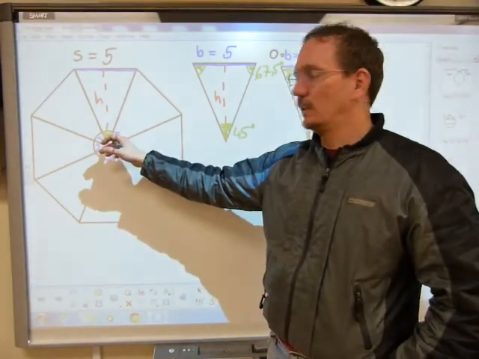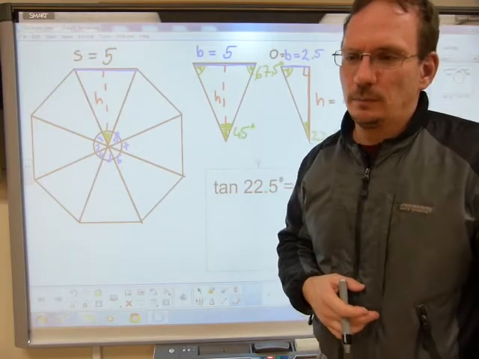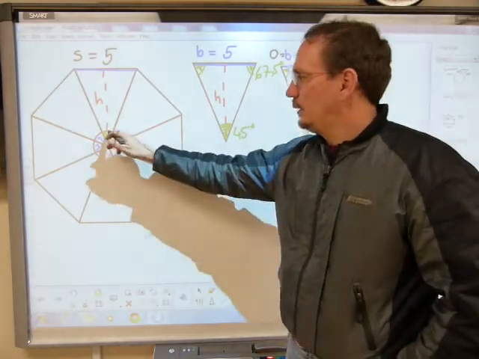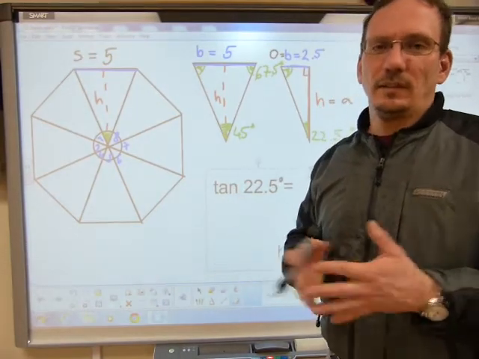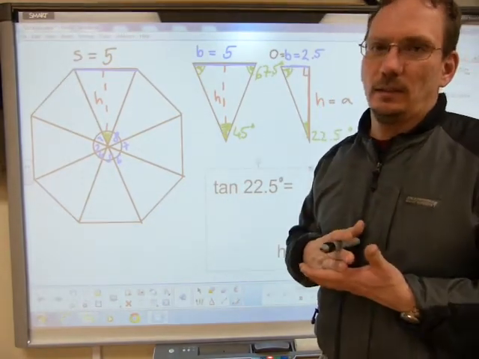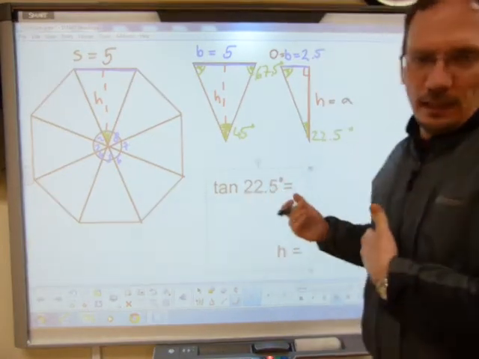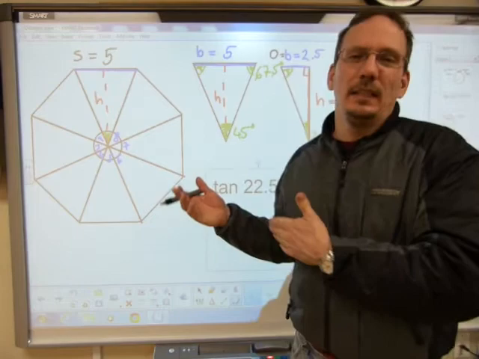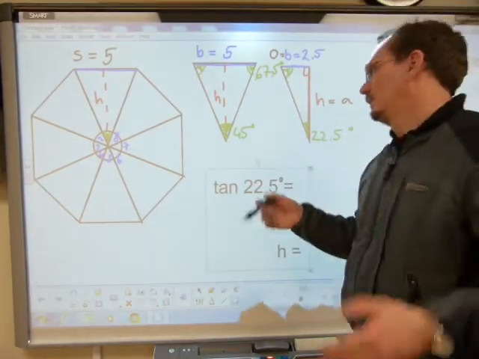And because there are 360 degrees in a circle, each slice is a 45-degree angle. For the trigonometric functions to work, we need an angle to calculate the height. We need the height to calculate the area of a triangle, to get the area of the octagon.